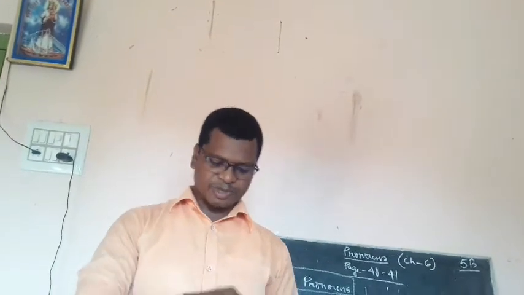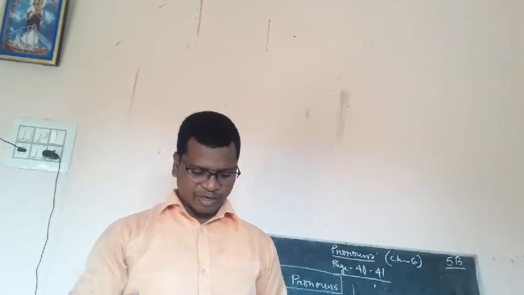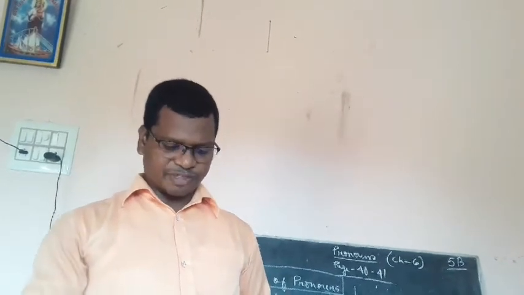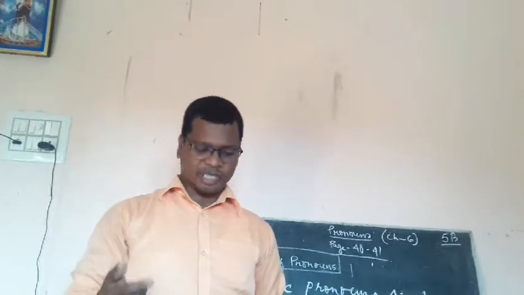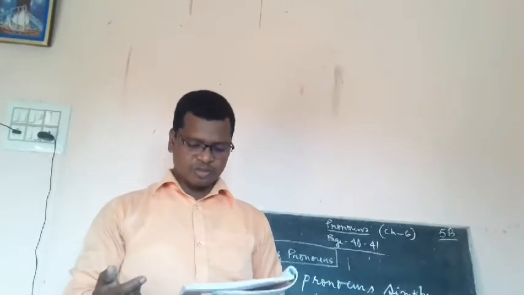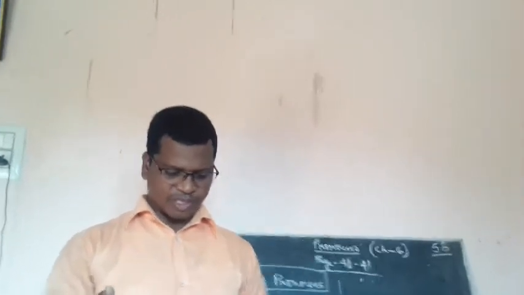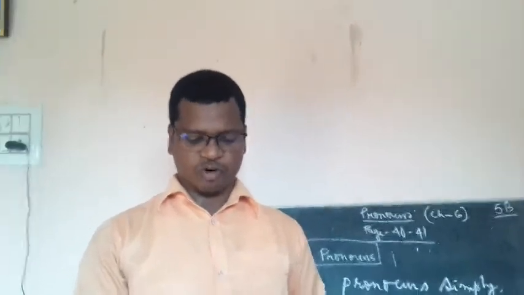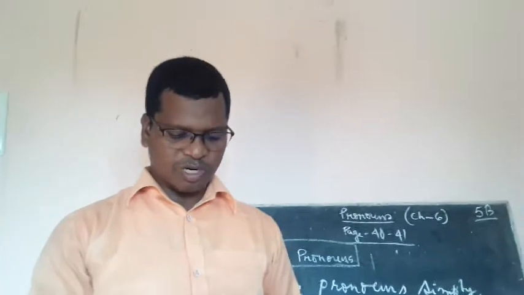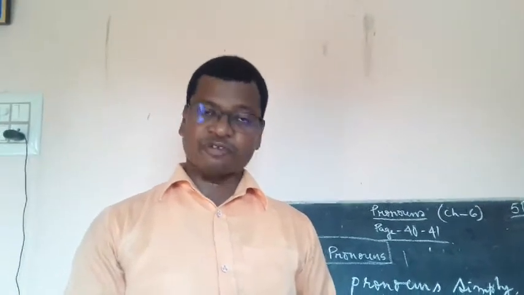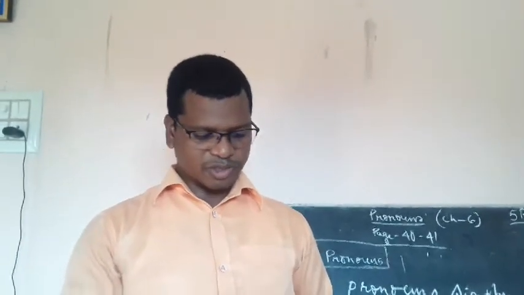So it is reflexive. Next one: Karan enjoyed himself at the party. This is also reflexive. One more: I myself did the shopping for books. So this one is the example of emphatic. So write down all these things.